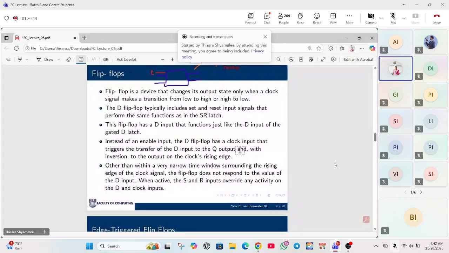It becomes a device which can store previous data inside the circuit because of the clock, and it will also be able to maintain timing inside the circuit because of the clock signal.